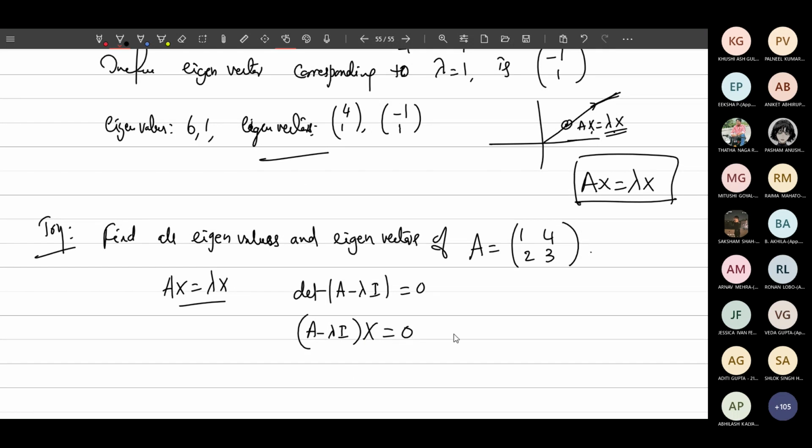This you will get as a linear system, and if you solve this linear system, you will get the x values, where x stands for the column vector x1, x2. Now corresponding to these lambda values, what are these x values? You follow the previous example and try to answer this question.